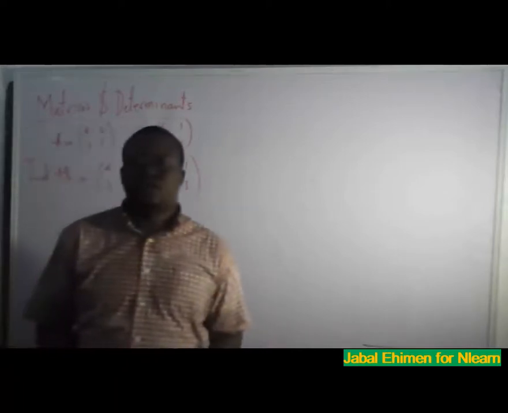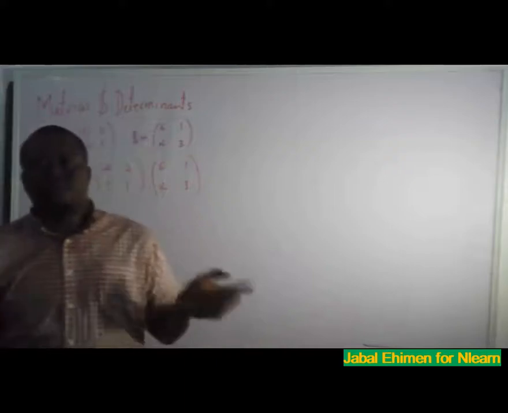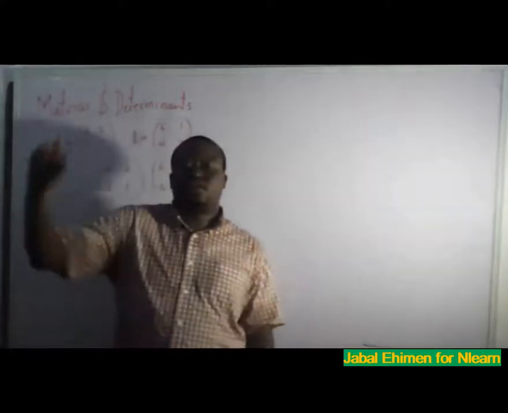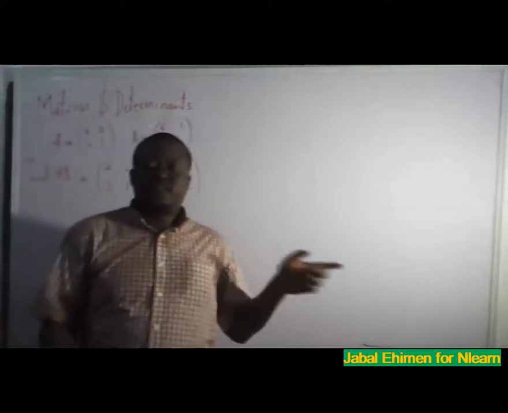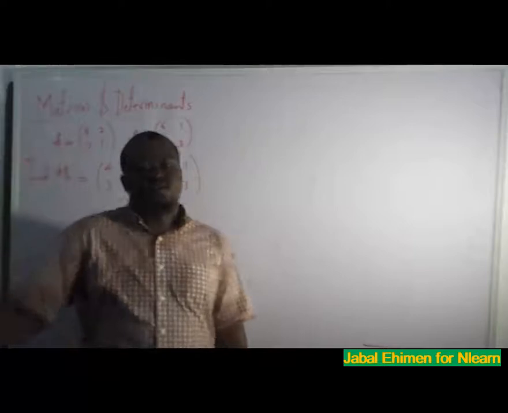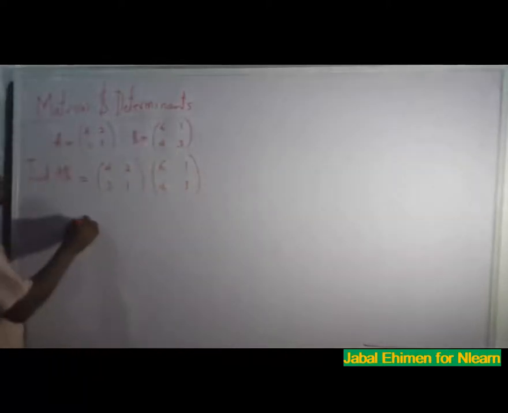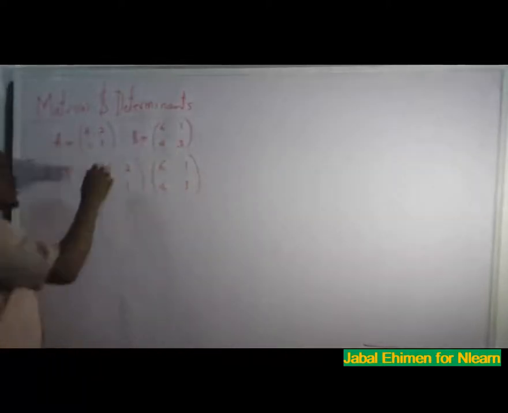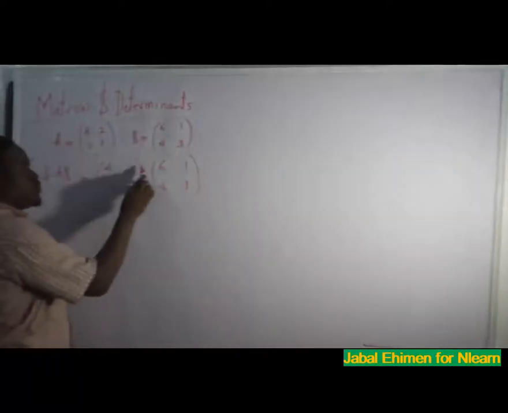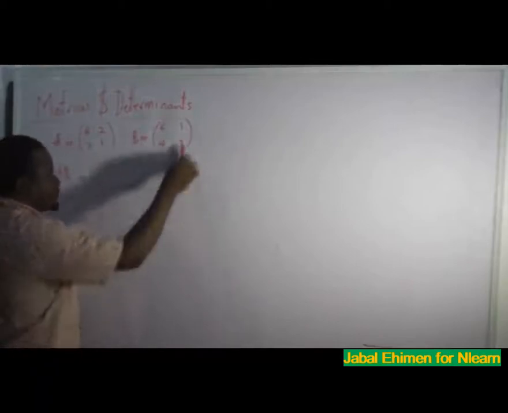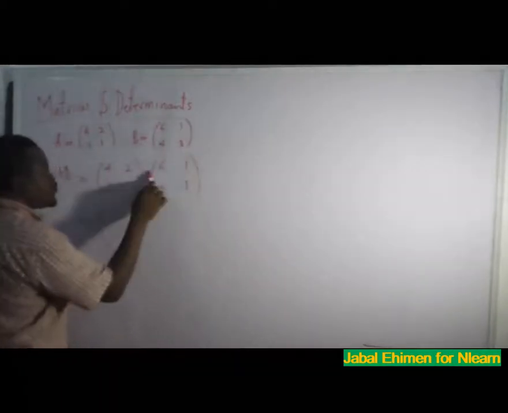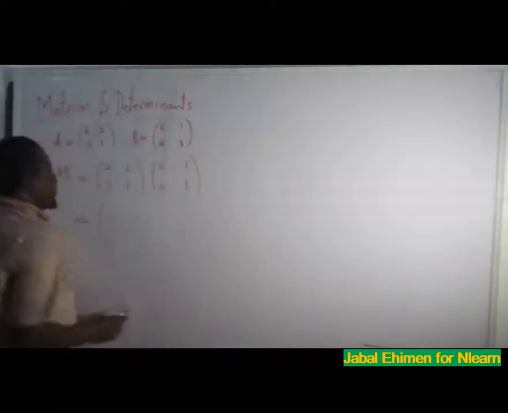All I need to do is to use the first row to multiply the columns of the next one, then the second row to multiply the columns of the next. Now look at this. This is the first row. The first row times this column, and the first row times this column.